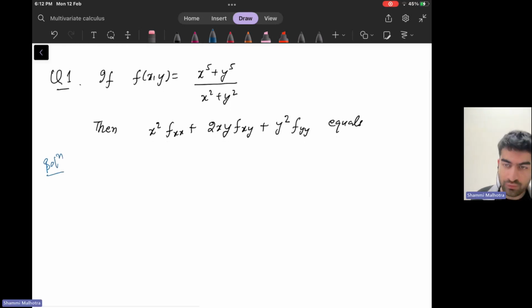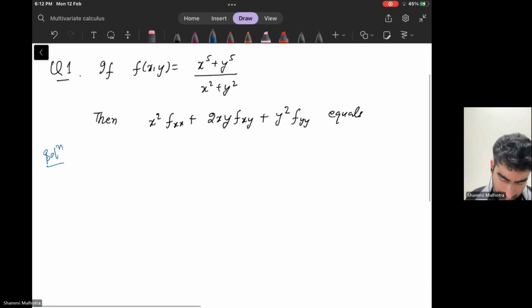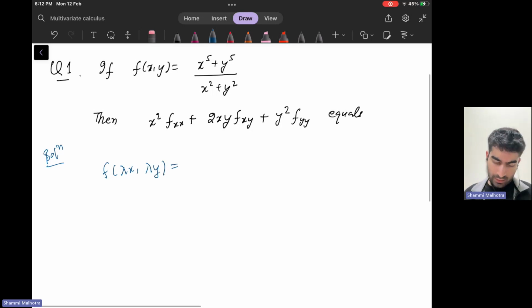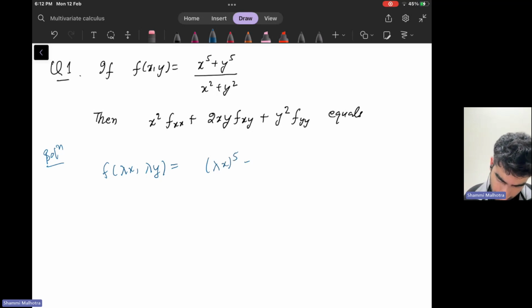To check the homogeneity, we will just plug in lambda x and lambda y instead of x and y. So let us plug f at lambda x, lambda y. This will be lambda x raised to the power of 5 plus lambda y raised to the power of 5, all divided by lambda square x square plus lambda square y square.